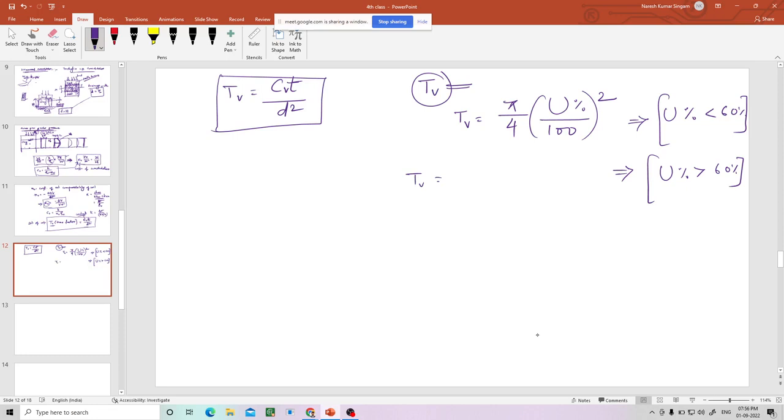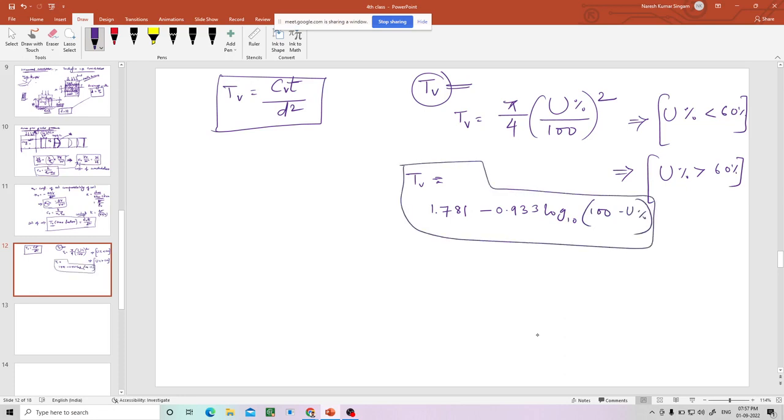So I'll be writing this: TV equals 1.781 minus 0.933 log base 10 of (100 minus U in percentage). So this is the other formula when the percentage of the consolidation is greater than 60%.